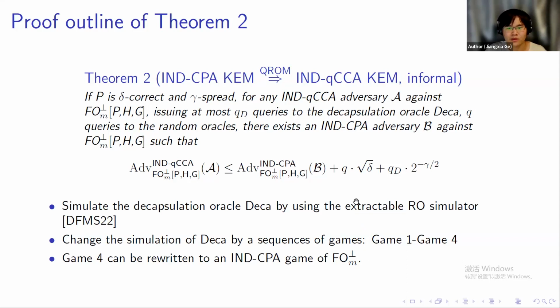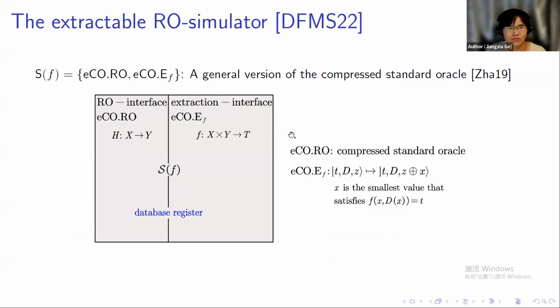So let's start by briefly introducing the extractable RO simulator proposed by Don et al. Roughly speaking, the extractable RO simulator S_F is a general version of the compressed standard oracle given by Zhandry. Based on a database register, S_F has two interfaces, the RO interface S.RO and the extraction interface S.E_F. The RO interface simulates a quantum random oracle H by using the compressed standard oracle.